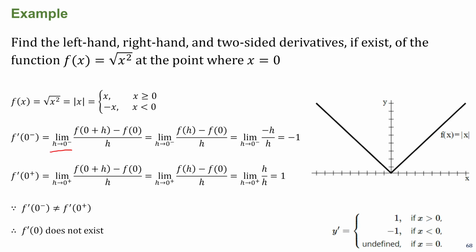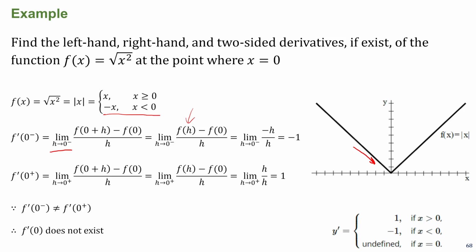When h approaches 0 from the negative side, that means from this side, f(h) minus f(0) will give you negative h, because h is less than 0, so you should use this expression. f(h) is simply negative h, and f(0) is 0.